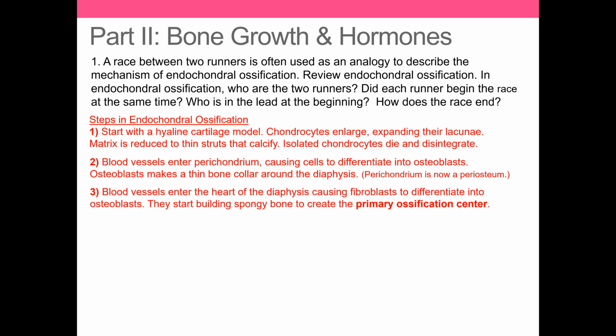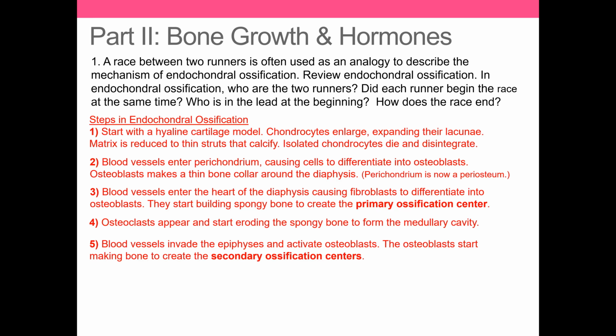Blood vessels will then enter the heart of the diaphysis, causing fibroblasts to differentiate into osteoblasts. They will start building spongy bone in the diaphysis, and this creates the primary ossification center. Osteoclasts are now going to appear, and they will start eroding the spongy bone to form the medullary cavity in the middle of the diaphysis.